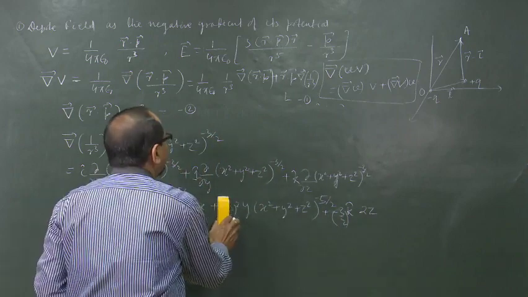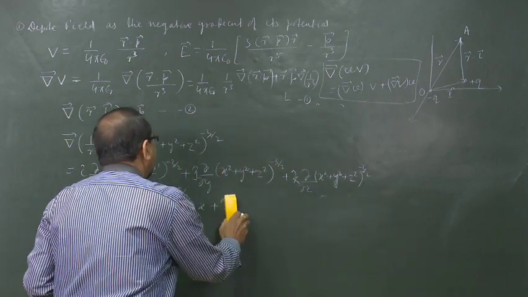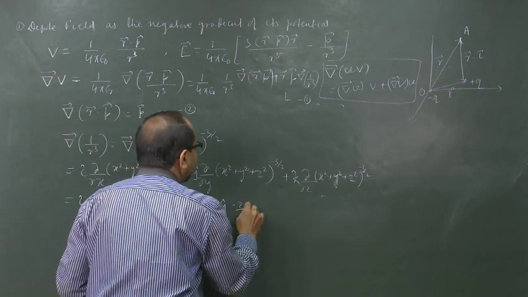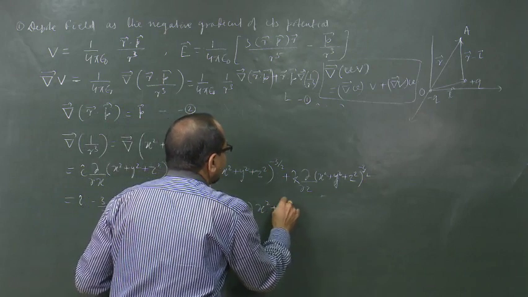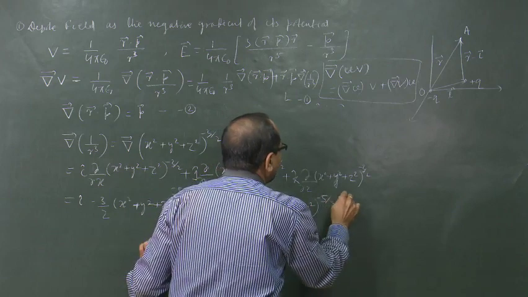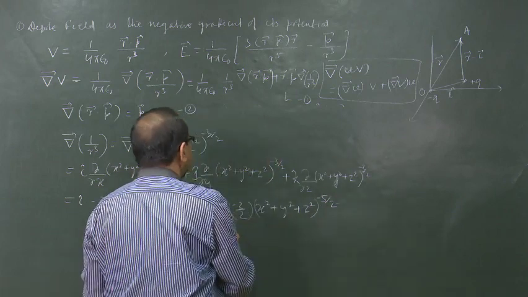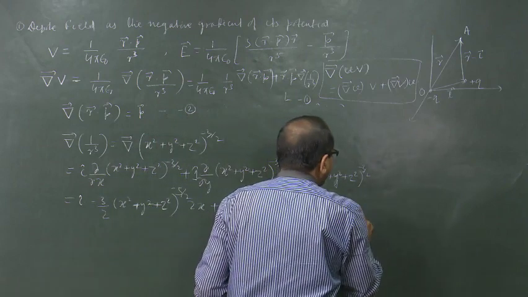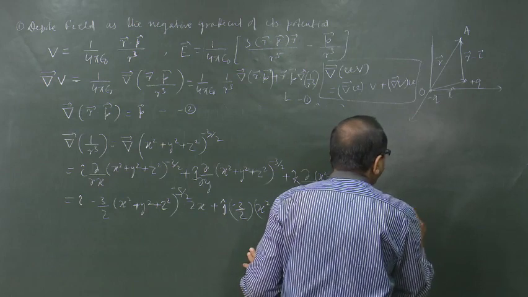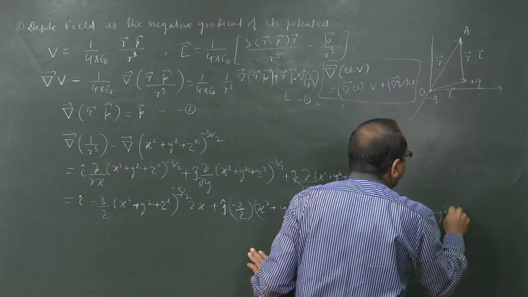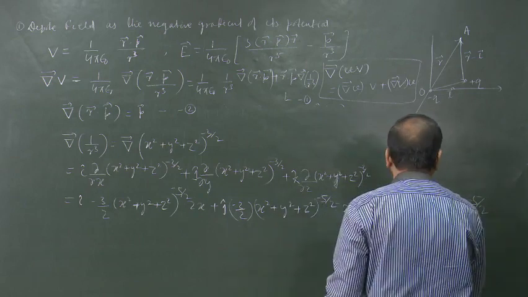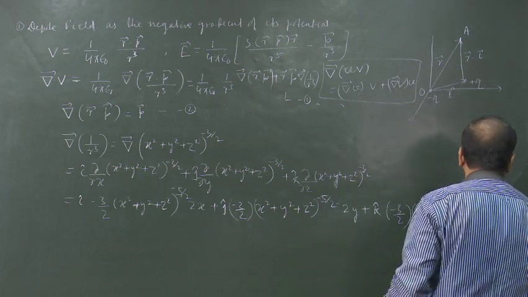Let me write it in a better way. This is j cap into minus 3 by 2 into (x square plus y square plus z square) to the power minus 5 by 2 into the derivative with respect to y, which is 2y, and this one is k cap into minus 3 by 2 into (x square plus y square plus z square) to the power minus 5 by 2 into the derivative with respect to z, which is 2z.